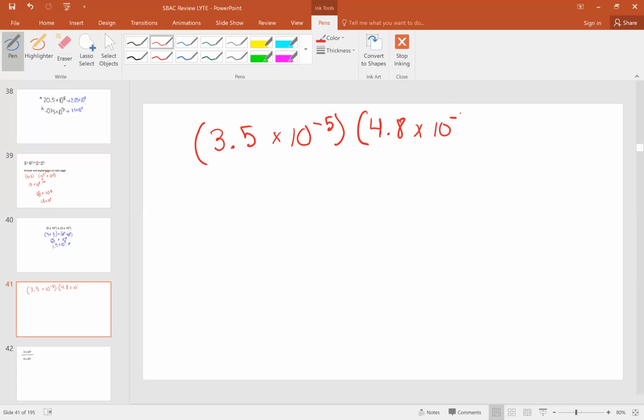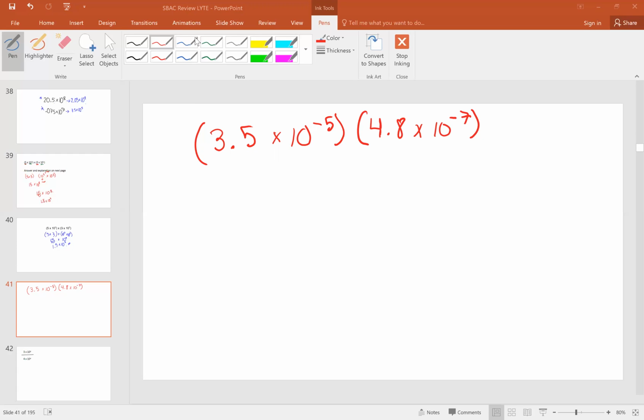Negative 7th. Okay, now I'm going to pull up a calculator because I want to emphasize that you can use a calculator for these. All right, and what I want to do is I want to have everything together that I can.